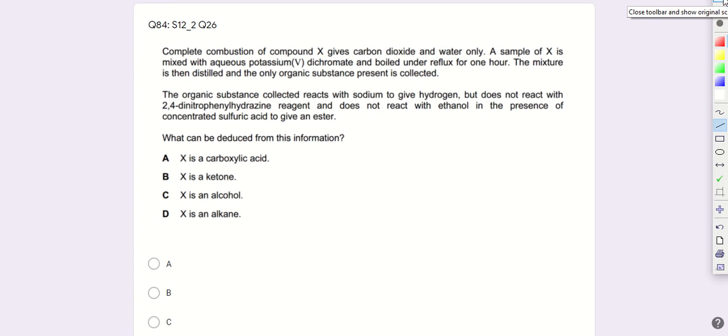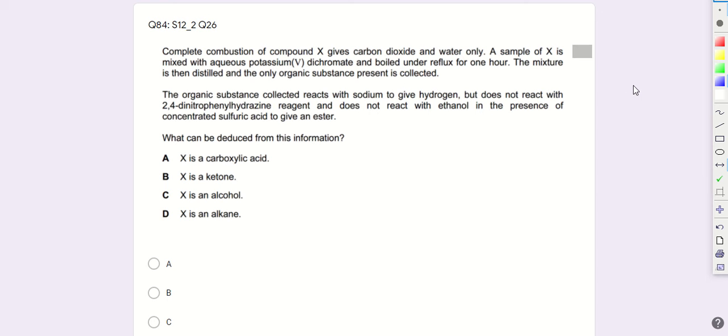I don't know if you realize there's a very tricky part here. Potassium dichromate(VI) is an orange solution. But they didn't tell us the observation, whether a color change occurred or not in the reaction. If oxidation occurred, then this potassium dichromate(VI) will turn green because it is reduced. But they didn't tell us this observation in the question.